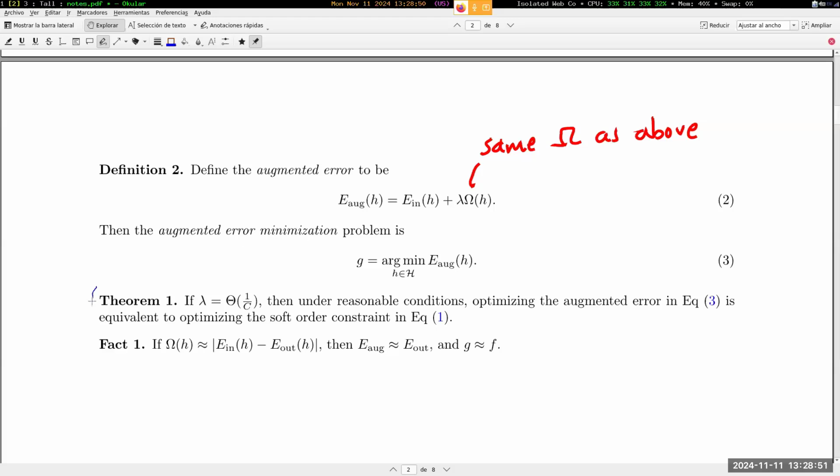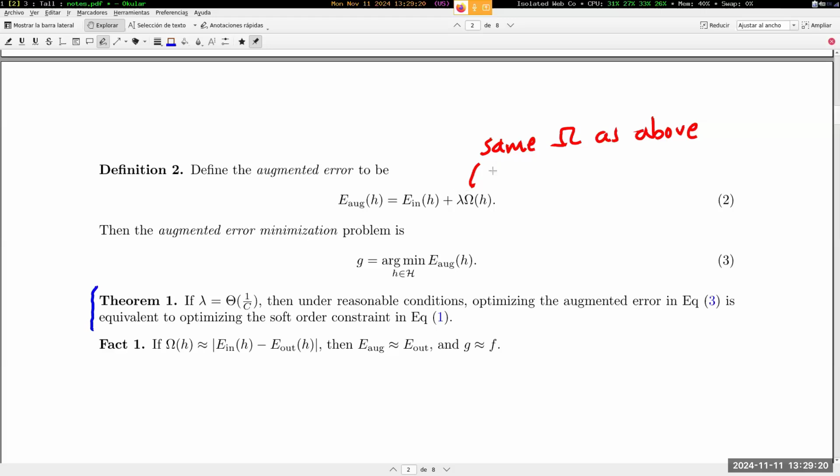And there's this theorem right here, which the textbook states very, very informally, but it's that if lambda is set to 1 over c, asymptotically theta of 1 over c, then under reasonable conditions, which everything that we care about satisfies, optimizing this augmented error is equivalent to optimizing the soft order constraint that we had above. The only difference is that lambda is the inverse of c.